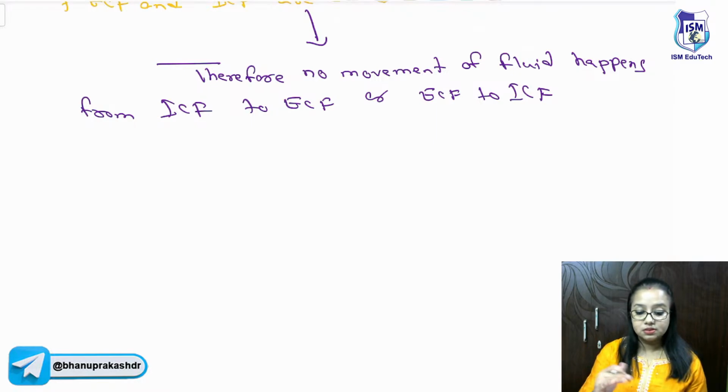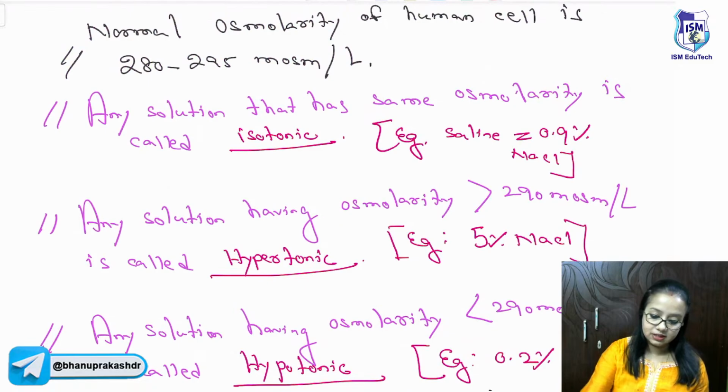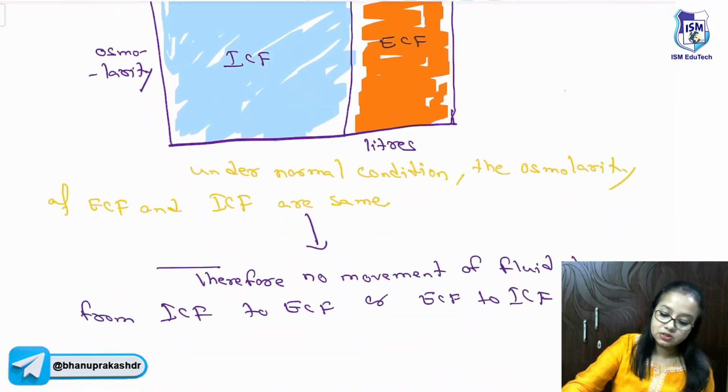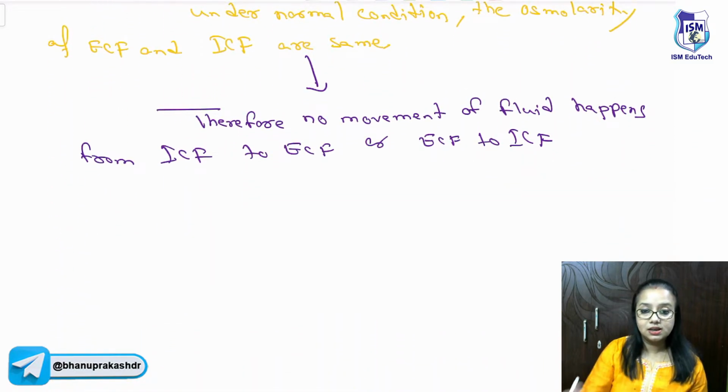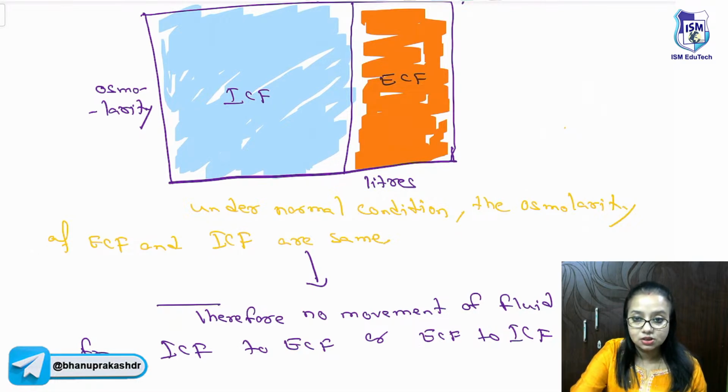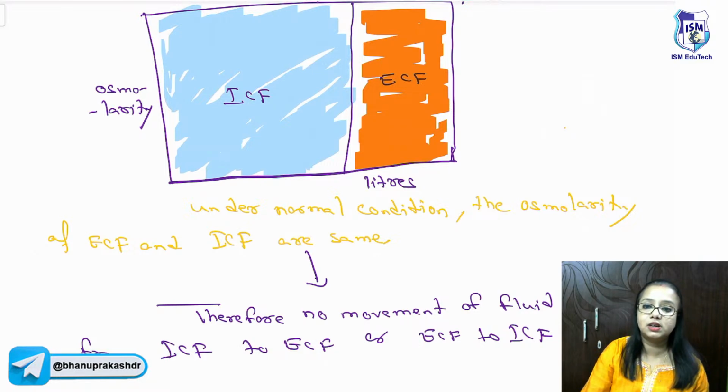Now, in these three conditions that we have studied, isotonic, hypertonic, hypotonic, there can be a condition when a person has to take an IV infusion, due to dehydration or some other reason, with intake of isotonic, hypotonic or hypertonic fluid. So if such a condition happens, how does the movement of fluid from ICF to ECF or ECF to ICF happen depending on the osmolarity?